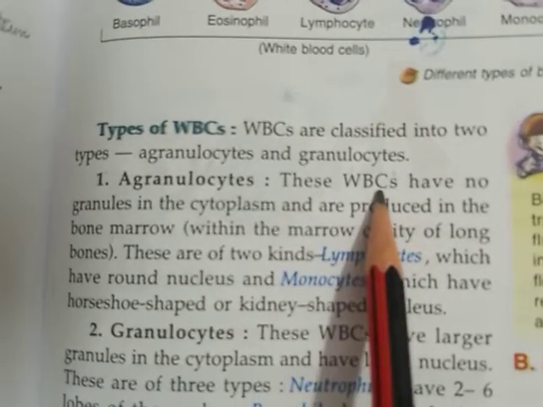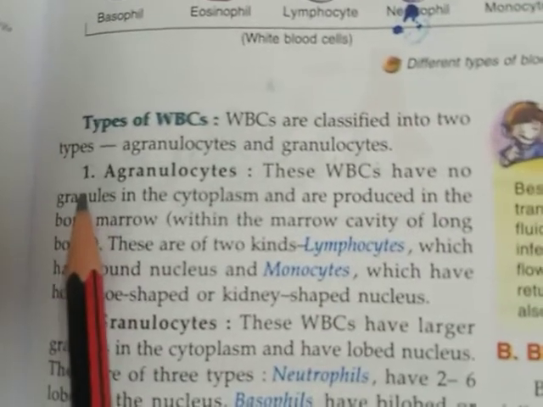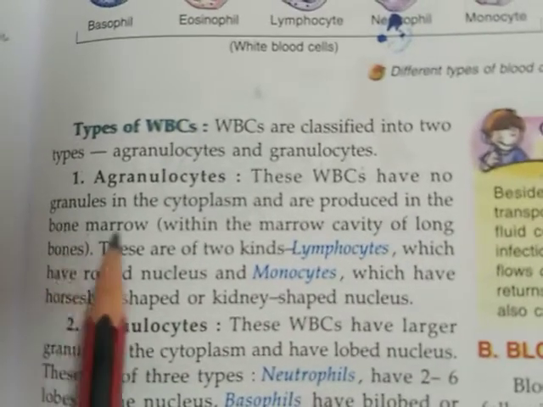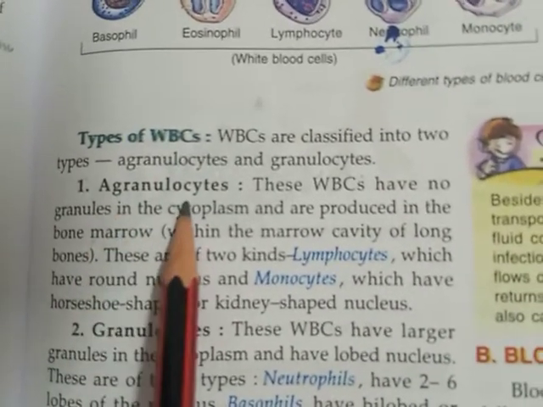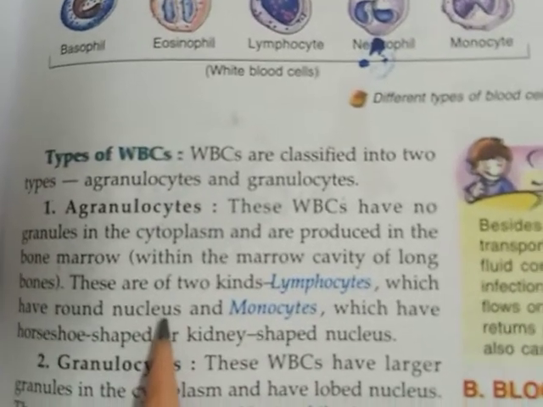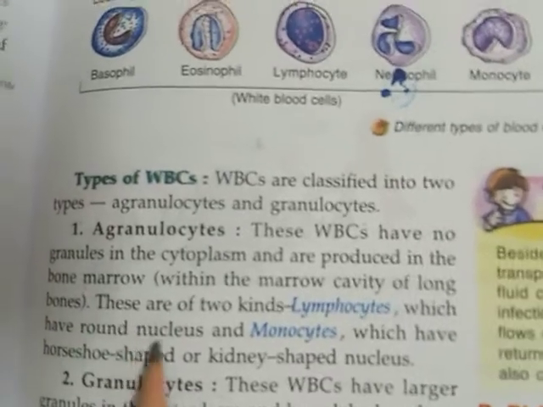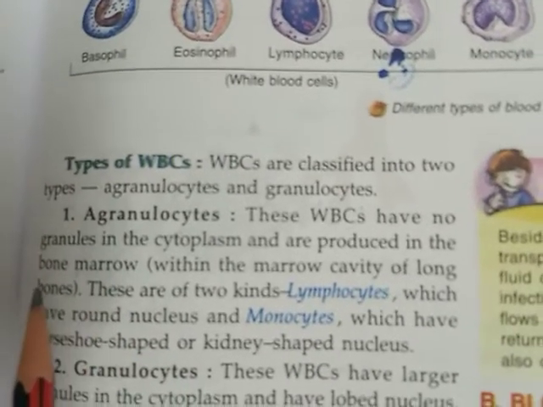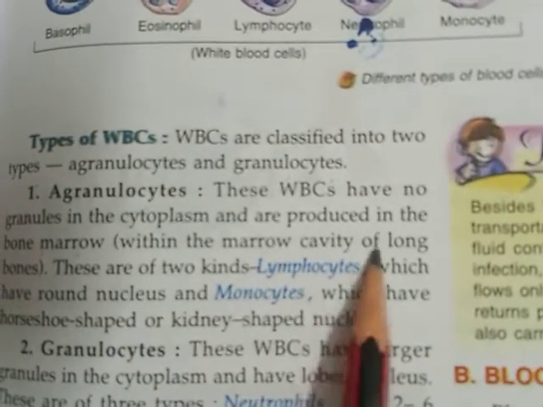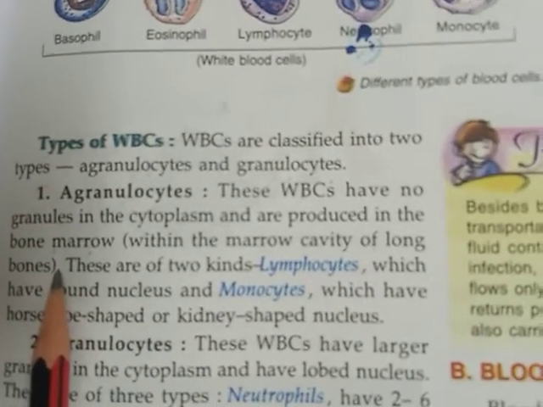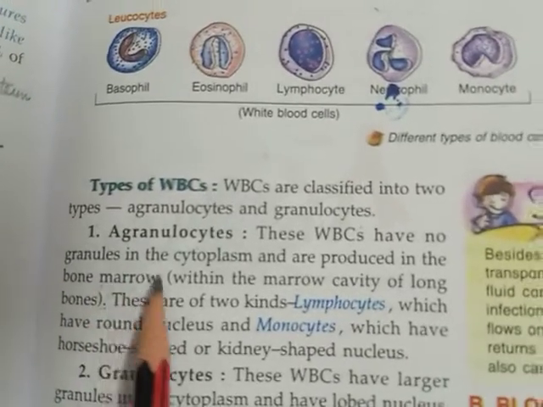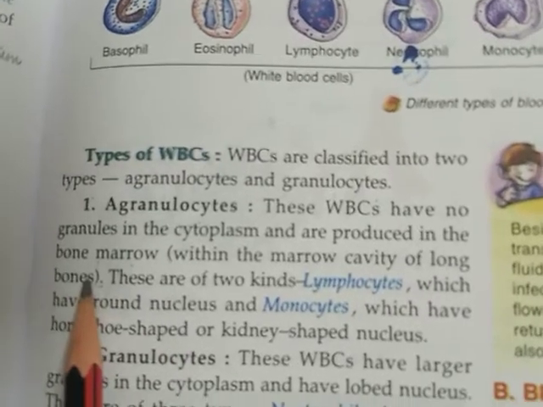These WBCs have no granules in the cytoplasm and are produced in the bone marrow, within the marrow cavity of the long bones. Children, you know, bones are filled with marrow, and these are produced in the bone marrow.